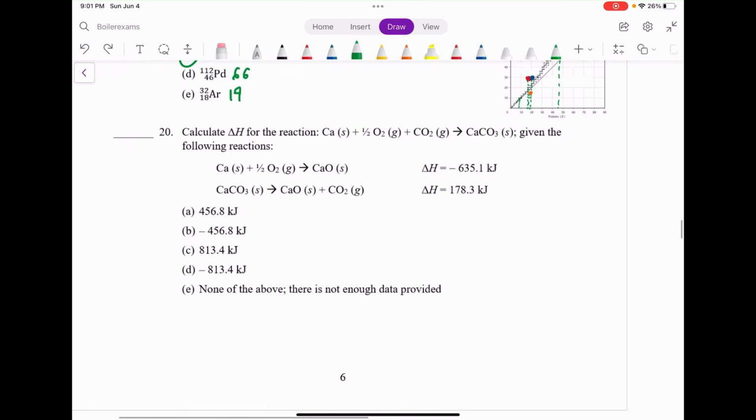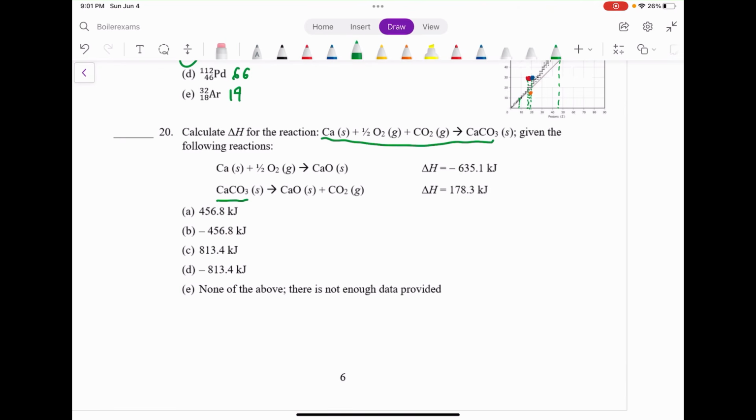So the first step is going to be yielding this reaction. So we want this solid calcium carbonate as our product.